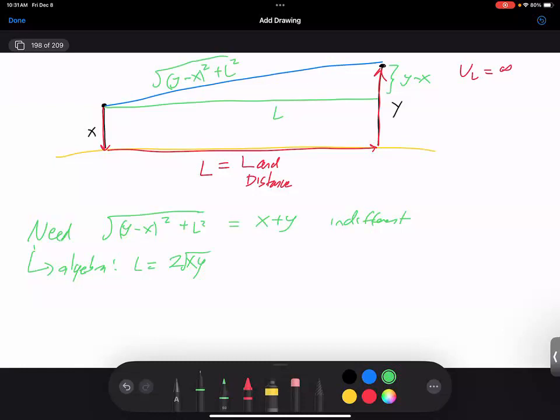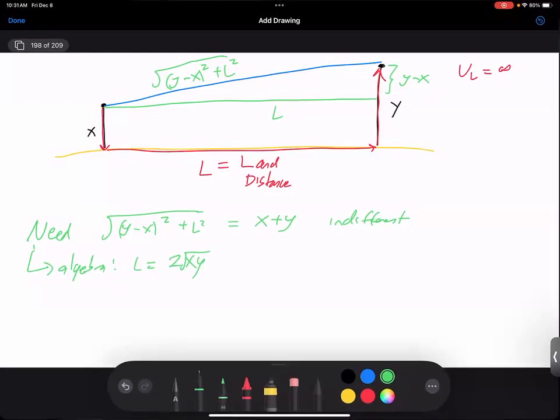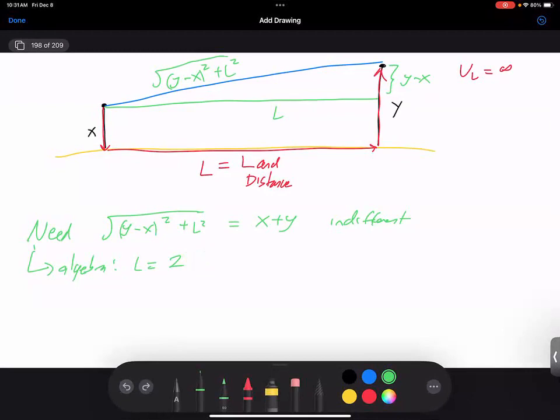So if you take L to be 2 square roots of xy, just write it cleanly, you can just show that that works. And again, you can get this by just squaring both sides. So does everybody agree that L is equal to 2 square roots of xy? So we have 2 square roots of xy equals x plus y.